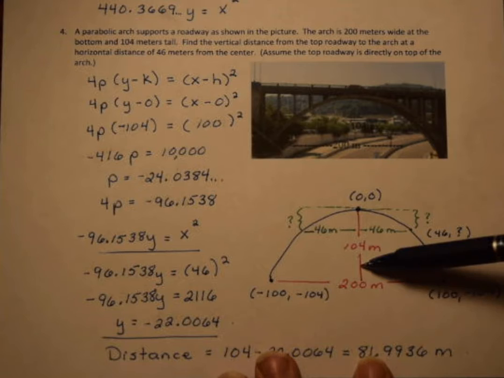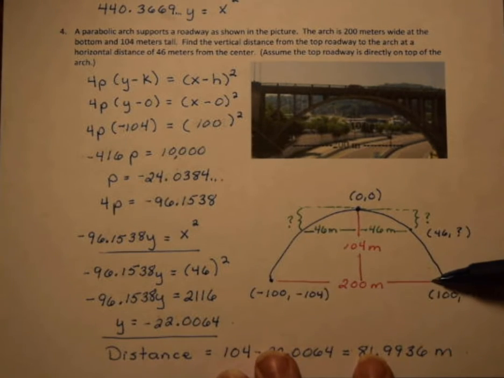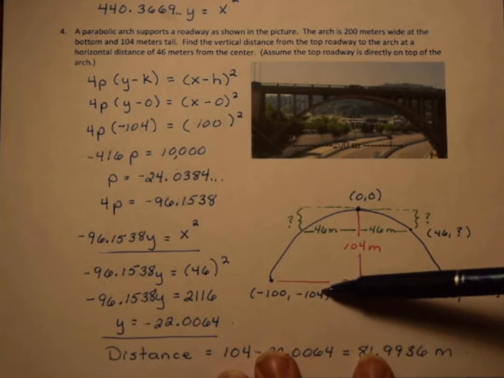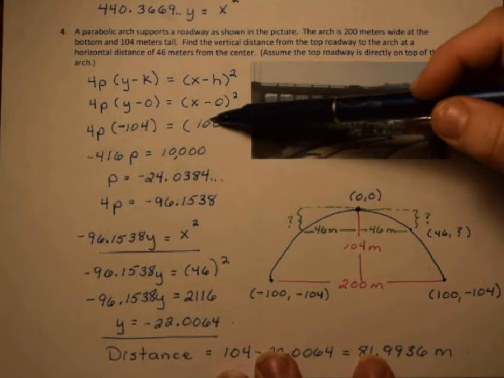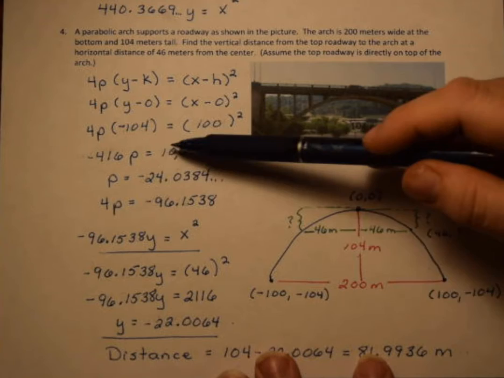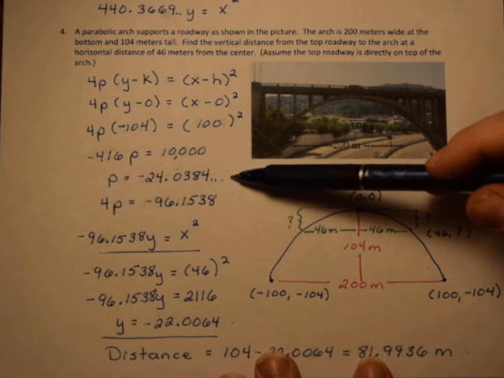Well, if we go down 104 meters, that's where the arch is 200 meters wide. So 100 meters to the right, 100 meters to the left, so we would have these points. Well, I like the positive number, so let's choose this point. So if we plug 100 in for x and negative 104 in for y, and we do the math, we get p is equal to negative 24.0384 and so on.